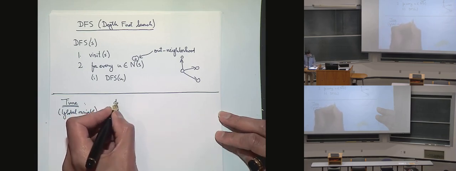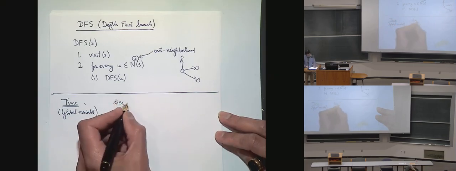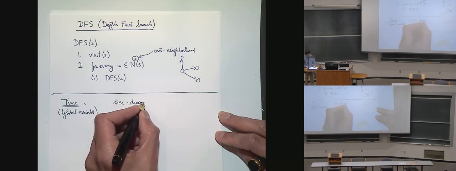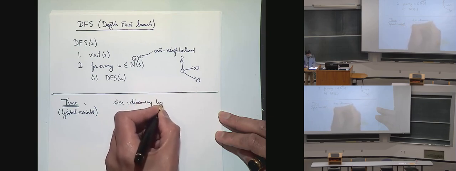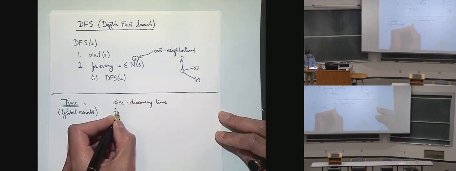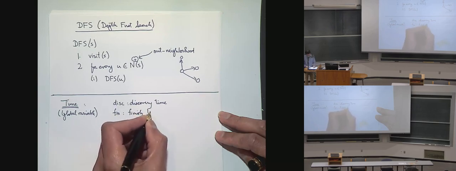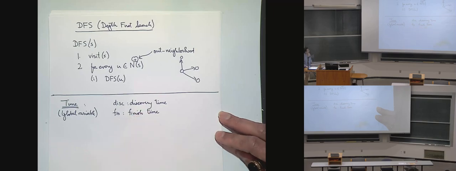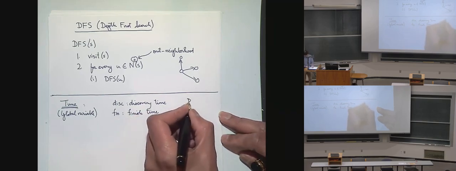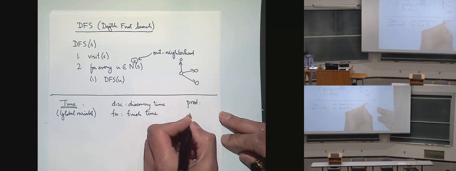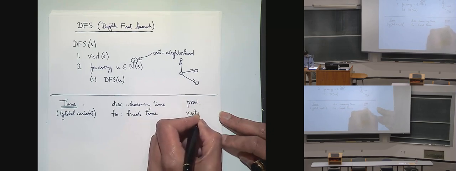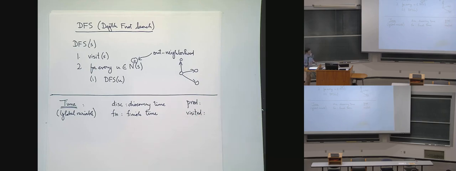And then we'll have two arrays: discovery, which is the discovery time, and finish, which I'll call the finish time. And then, of course, you have the predecessor and visited just as before.